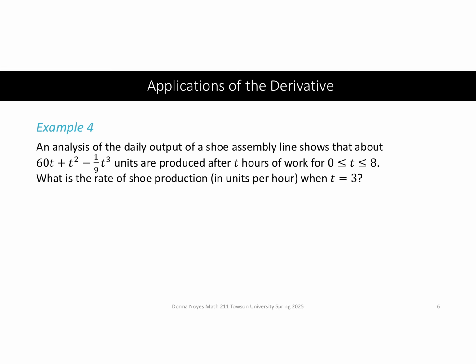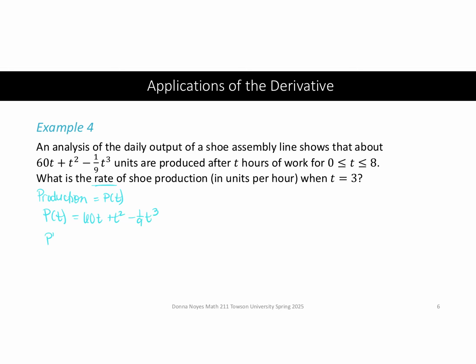So rate of shoe production, every time we see the word rate, we should immediately be assuming that we're talking about a derivative. So if we want to call our production P of t, okay? That means that P of t is equal to this 60t plus t squared minus 1/9 t cubed.